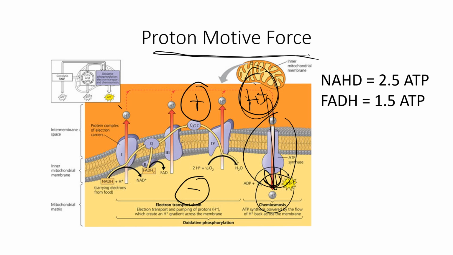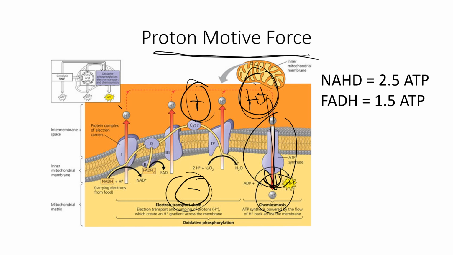So, to summarize, the mitochondrial membrane potential is the difference in charge that exists across the inner membrane. The inner membrane space is positive, the matrix is negative. The proton motive force is the desire or the pull of the hydrogen ions from the inner membrane space back into the matrix.